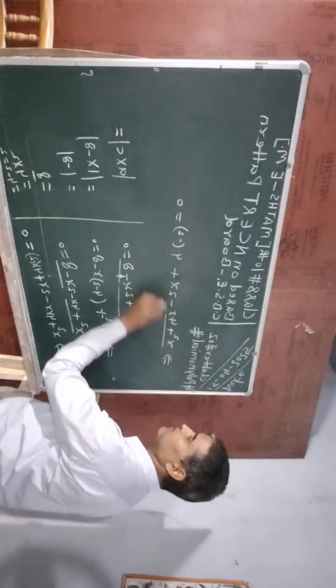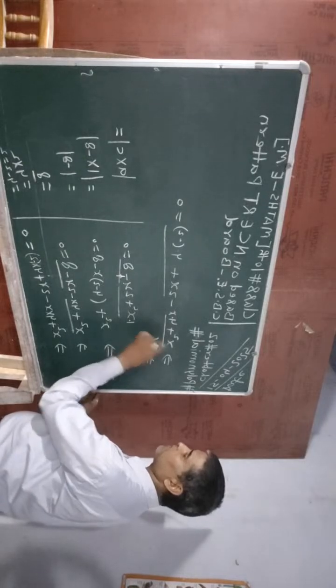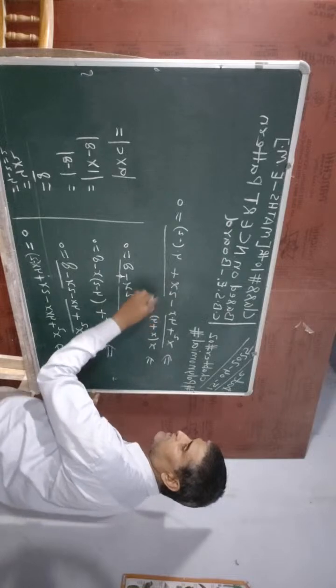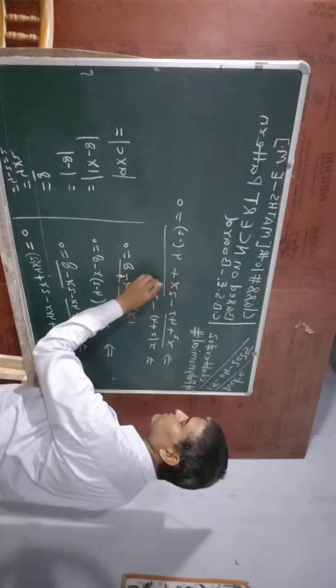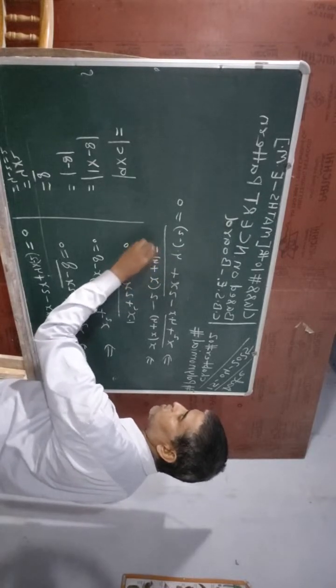Student, take care here. I am taking x common, so here will be x and here is plus 4. Now here I am going to take minus 2 common, so here will be x and here will be plus 4, is equal to 0.